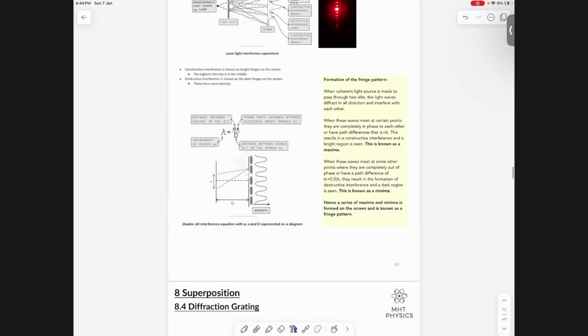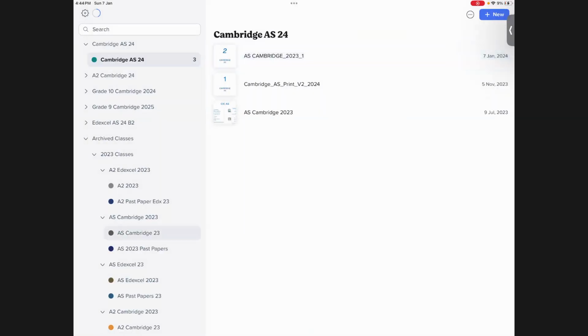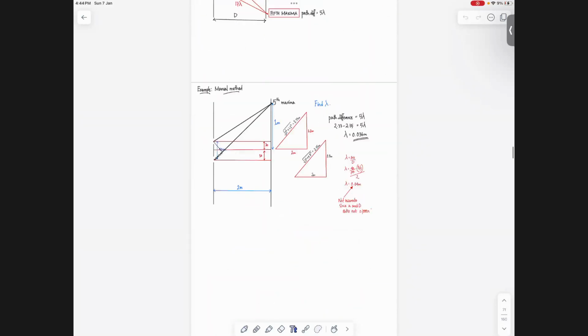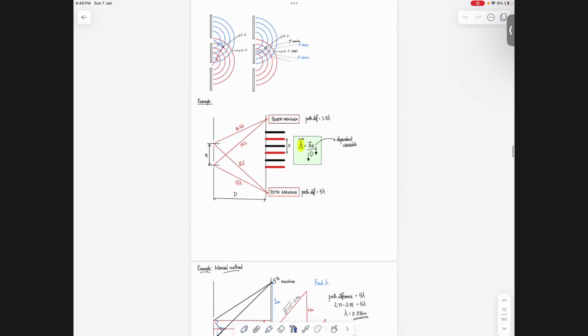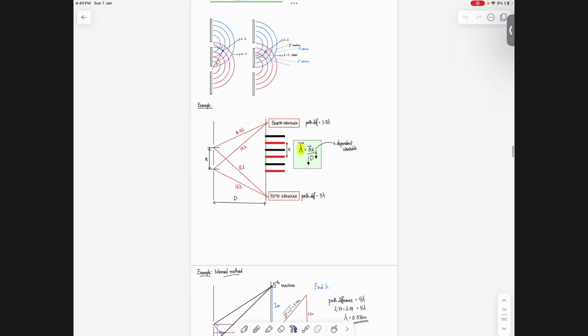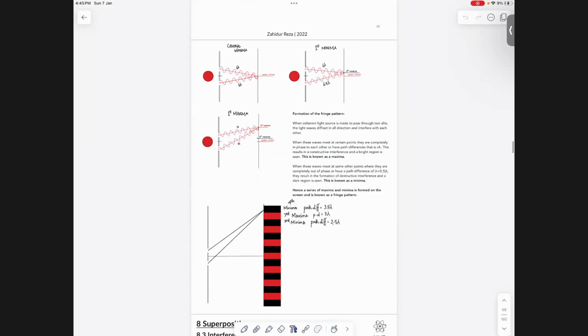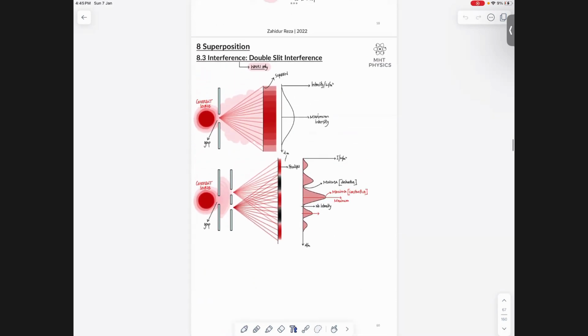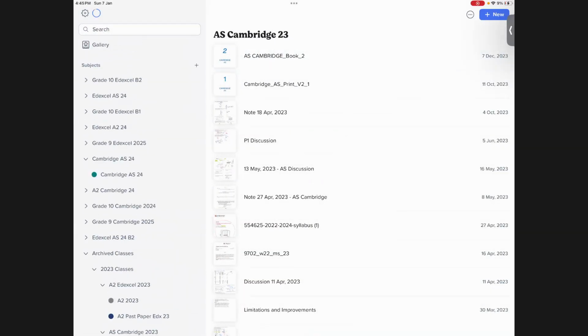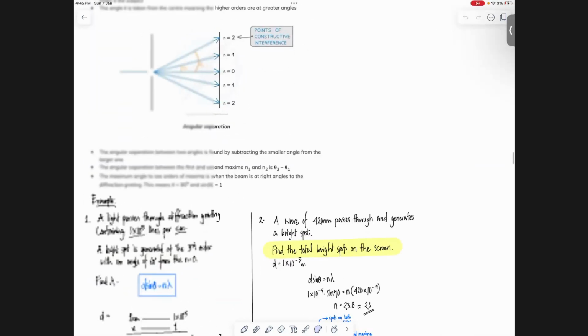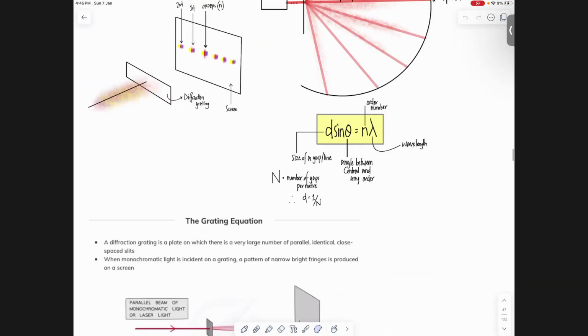So why fringe patterns are formed, note the diagram actually. Okay, like a question. After doing the question, I'll elaborate a little bit more on this idea. We're done with double slit interference, by the way, but without doing questions you can't understand it, so practice question.